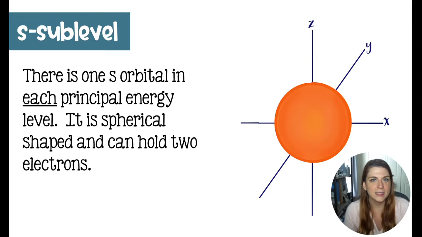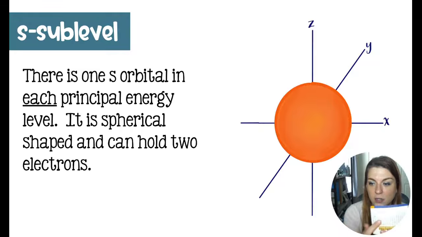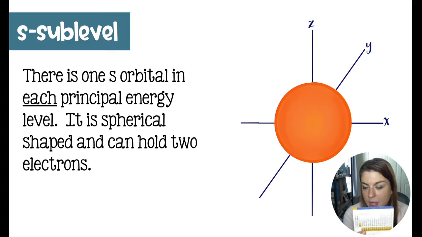And up close, for the S sublevel, there's only 1 S sublevel in each principal energy level. So in the periodic table, there's 1 S sublevel per period. And it is spherical and it holds 2 electrons. And I'm going to give you a hack here. If you pull up a periodic table, and I know mine's really bright, so it's hard to see, the S sublevel is represented by the first skinny tower of the periodic table.